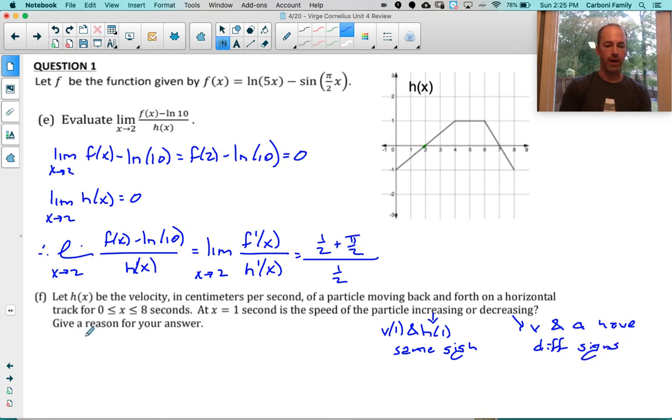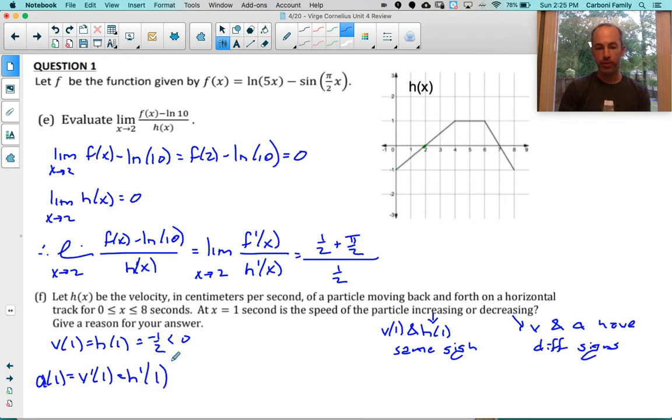Okay, so I'm going to find my velocity at 1, which would be h of 1, and h of 1 is negative 1/2. That's less than 0. My acceleration at 1 would be the derivative of velocity at 1, which would be the derivative of h at 1, and h is the thing I'm looking at.